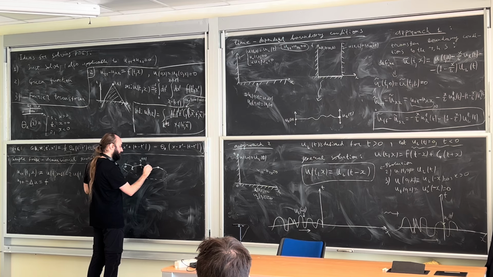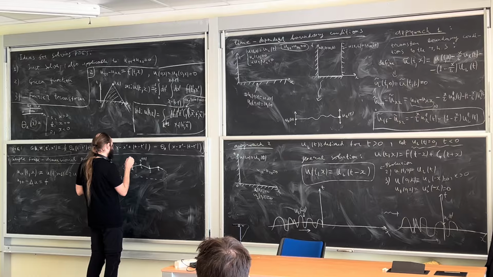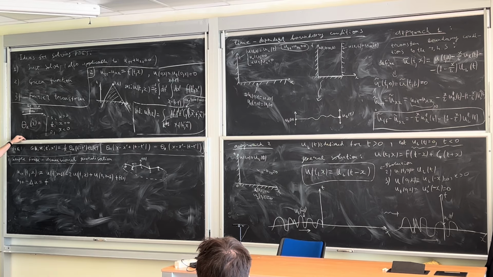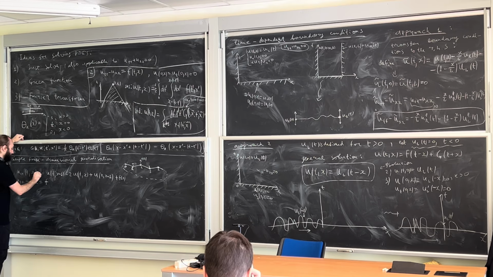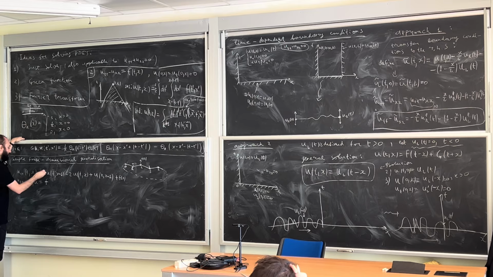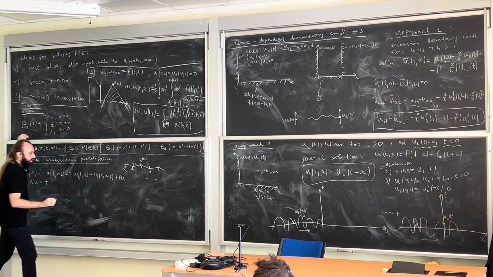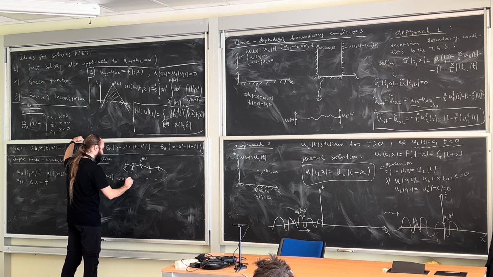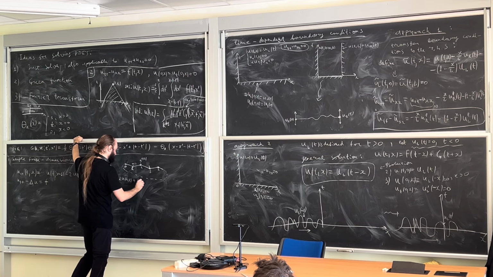So let us add these springs, which means minus alpha u of t and x plus f of x.